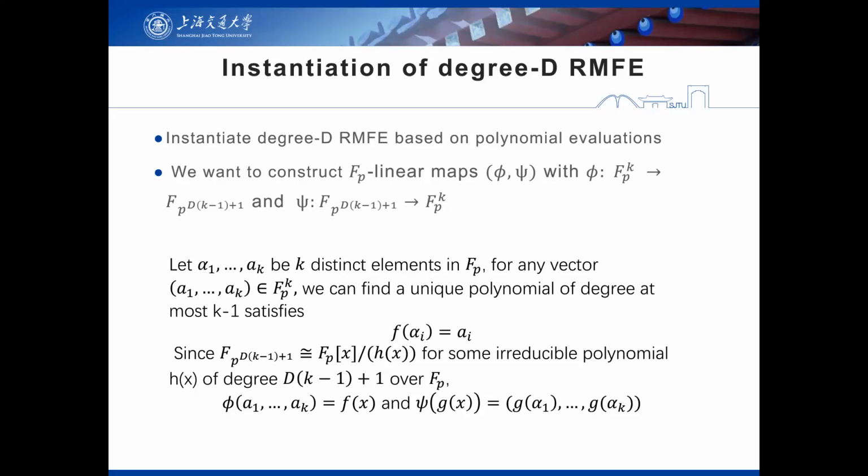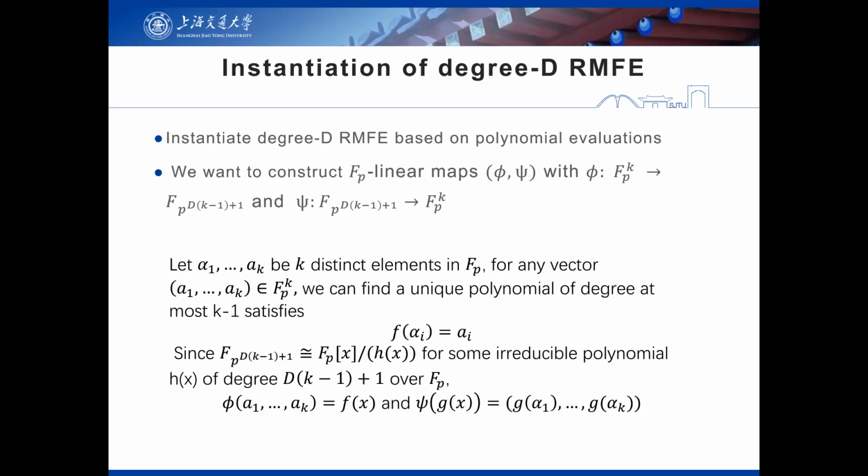So how do we construct this phi and psi? Here I give you just an example. Let alpha_1 to alpha_k be k distinct elements in F_p. For any vector a_1 to a_k, we can find a unique polynomial f of degree at most k-1 satisfying f(alpha_i) = a_i. This is just polynomial interpolation.